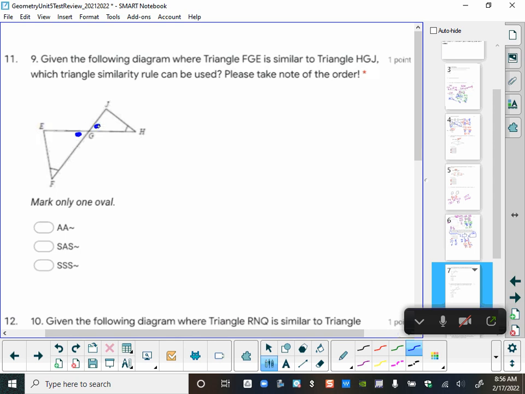Because anytime you have the bow tie looking diagrams, I call it a bow tie because it looked like the bow ties from back in the day, like with tuxedos or whatever. With them bow ties, your vertical angles are congruent to each other.